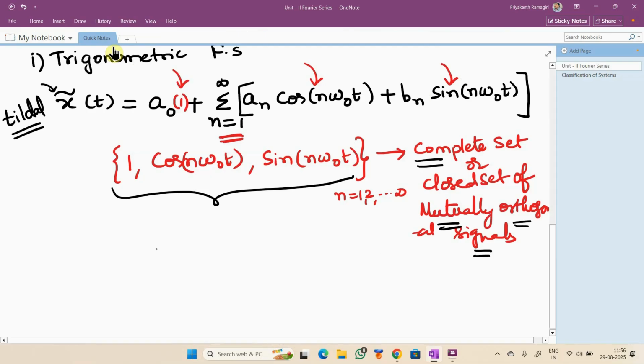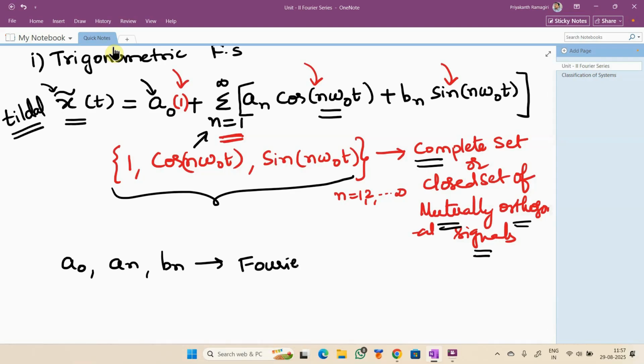Fourier series concept is itself representing any signal in terms of the weighted sum of the harmonics, frequency harmonics. n equal to 1, first harmonic; n equal to 2, second harmonic; n equal to 3, third harmonic; and n omega naught representing the nth harmonic. So here A naught, An, and Bn are called Fourier series coefficients.